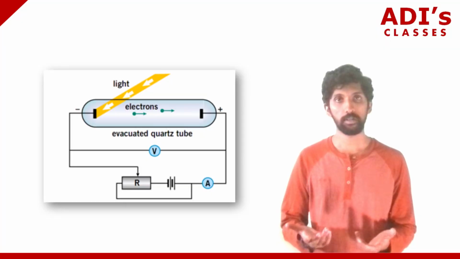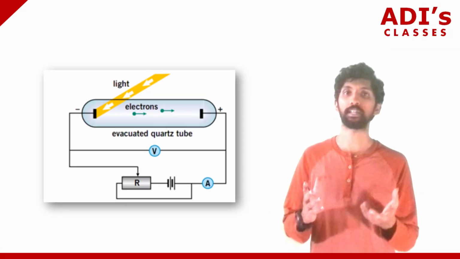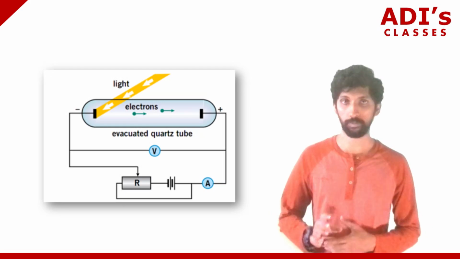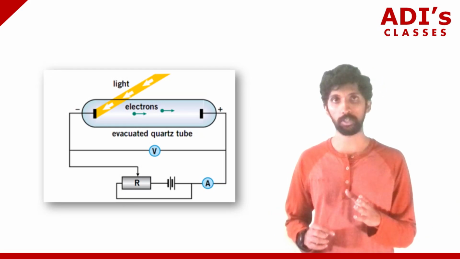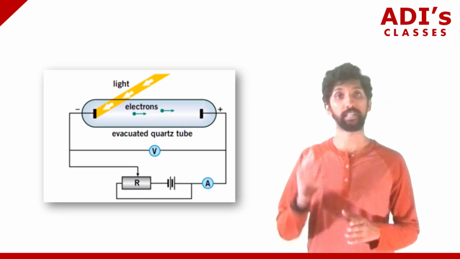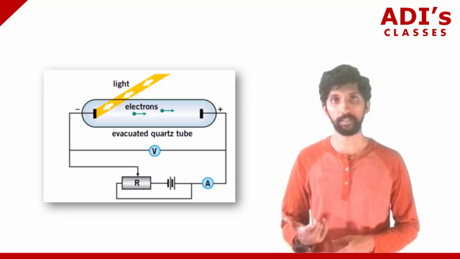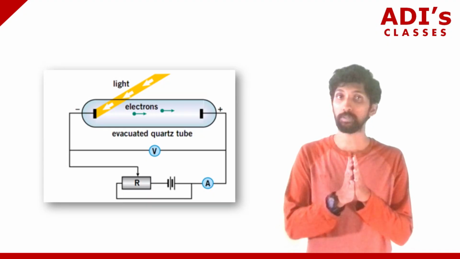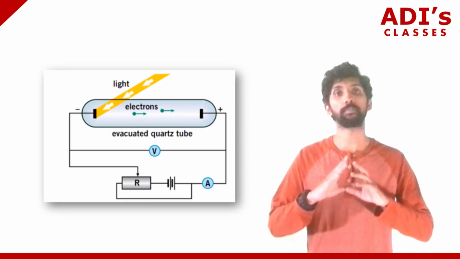What happens is, as the radiation hits the metal surface, electrons are emitted. Usually the collector is kept at positive potential and the emitter at negative potential, because electrons have to be ejected, correct? Now if the collector is positive, it will attract the electrons, so no electrons will be lost.